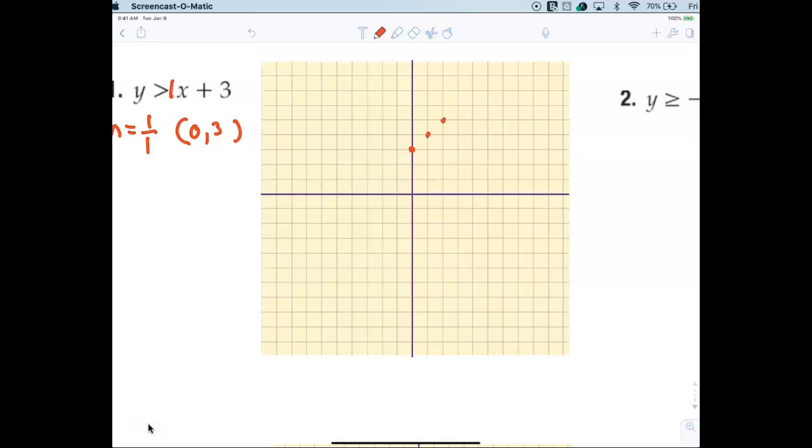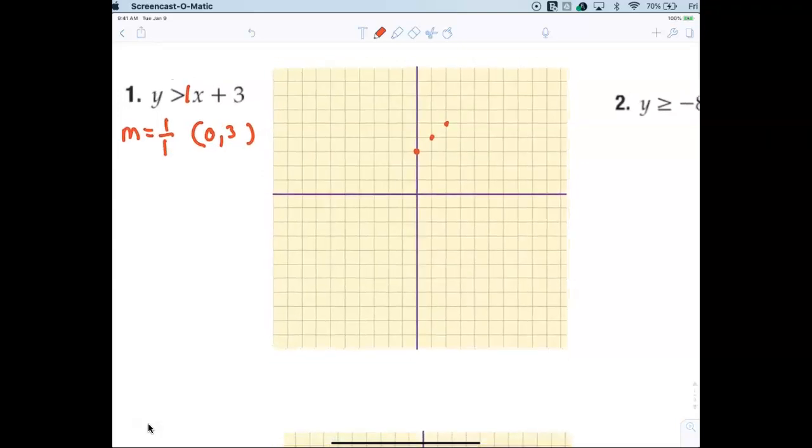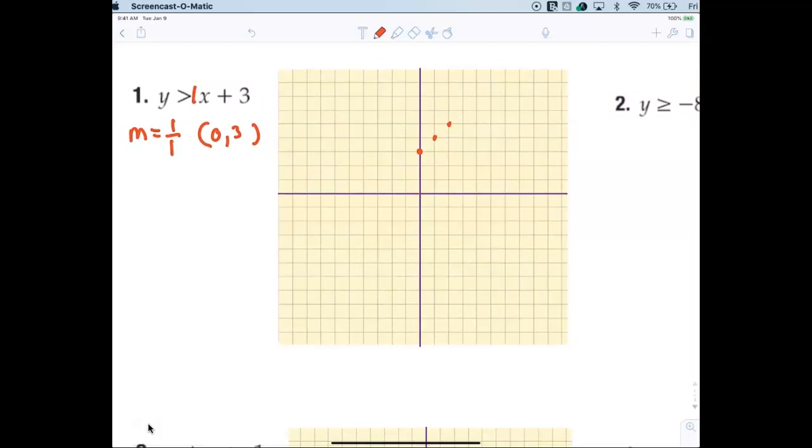Now listen, remember how we had open circle and closed circle? Closed meant it was equal to, open meant it wasn't. In this case, it's everything greater than, so does it include the line? No. So the line would be a dotted line.